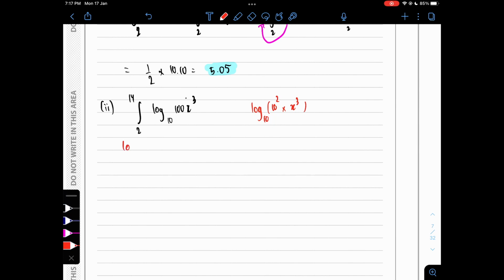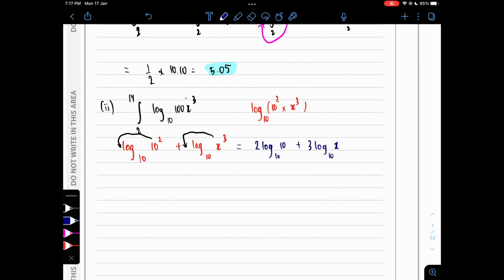So now let's build them up: log base 10 of 10 squared plus log base 10 of x cubed. Now we know that the power can come down. So this is equivalent to 2 log base 10 of 10 plus 3 log base 10 of x.